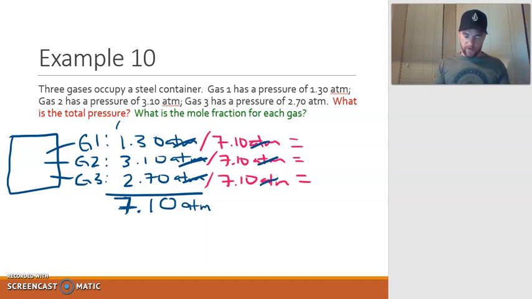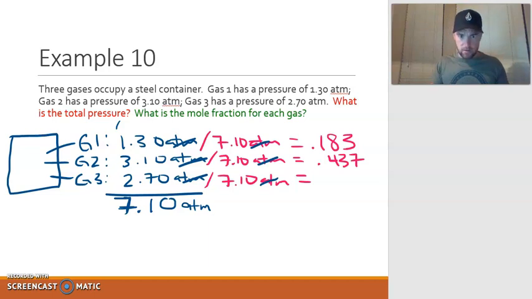For the first one, if I do 1.30 divided by 7.10, I end up getting a mole fraction of 0.183 for gas 1. For gas 2, I get a mole fraction of 0.437.